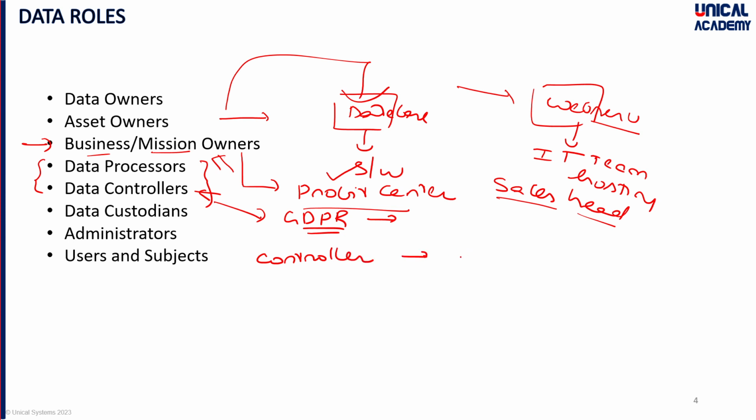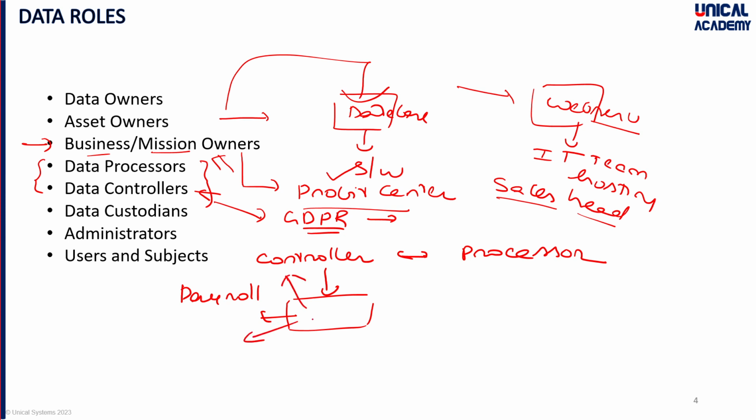Remember, in very simple terms, rather than getting confused between data controller and data processor, always remember your employer who deals with your employee ID, your social security, your tax data is a controller. An organization such as ADP that runs your payroll can be a processor.